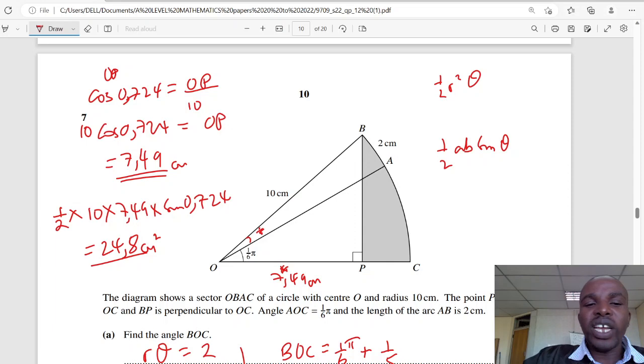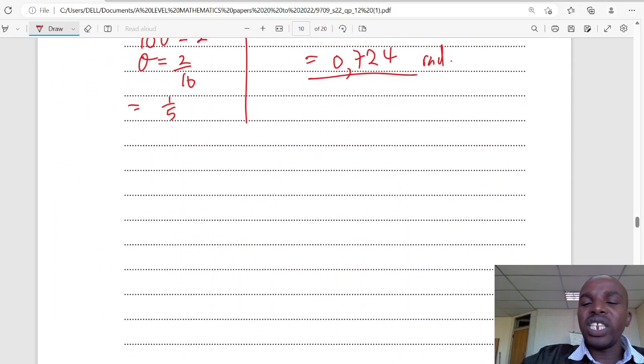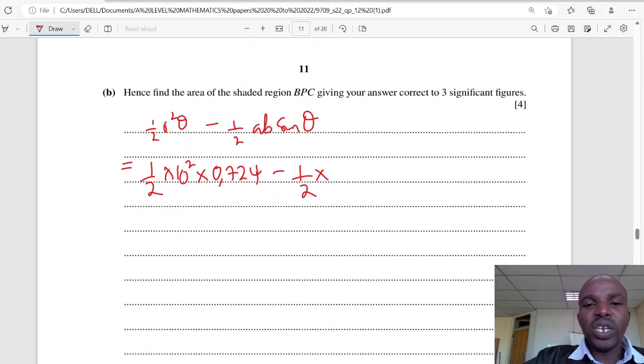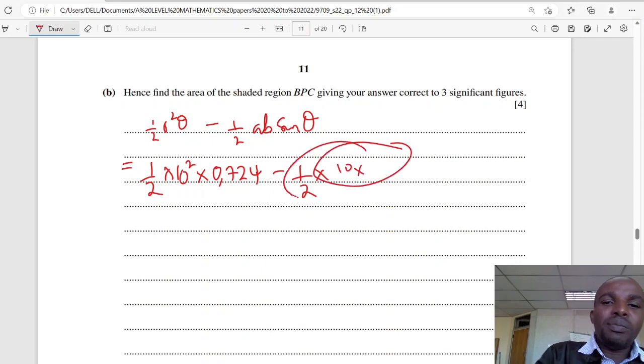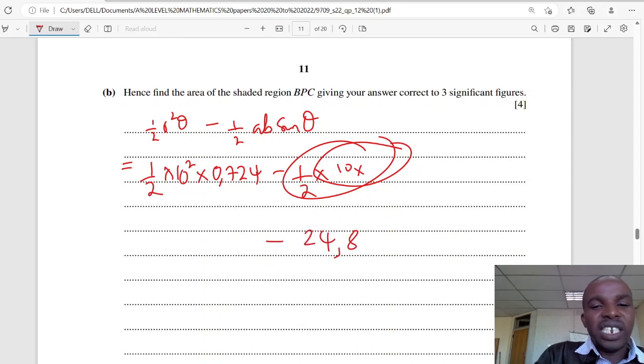We have already found the area for the triangle, 24.8 square centimeters. Then the area of the sector, let's punch in our calculator. 10 squared is 100. 100 times 0.724, then divide by 2.